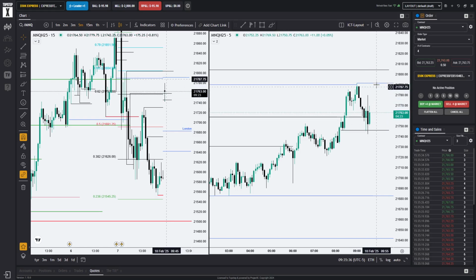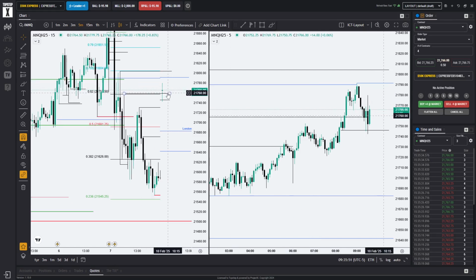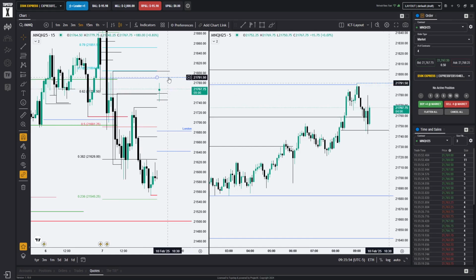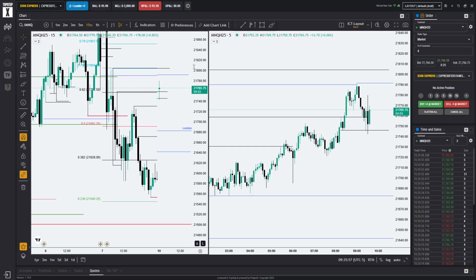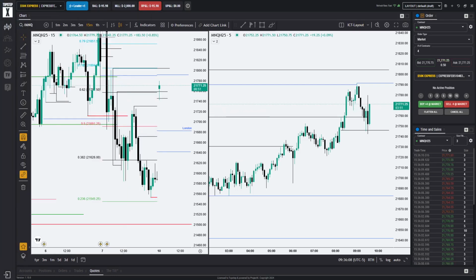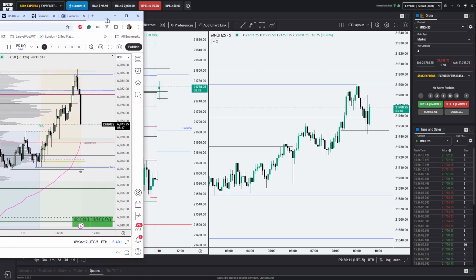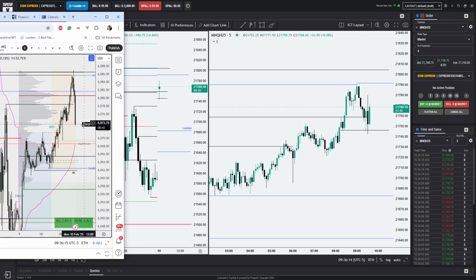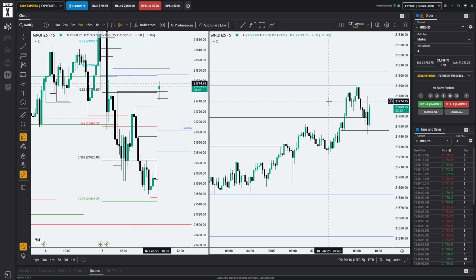I can take the shorts now and sell up here. I guess it's also recovering. Oh, sorry, no. Actually, no. ES is falling. Look at that. Let me just bring ES here so you can see that. That's interesting.